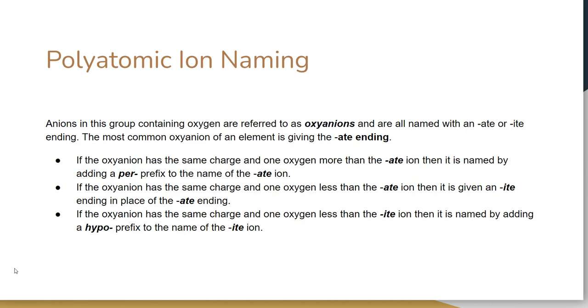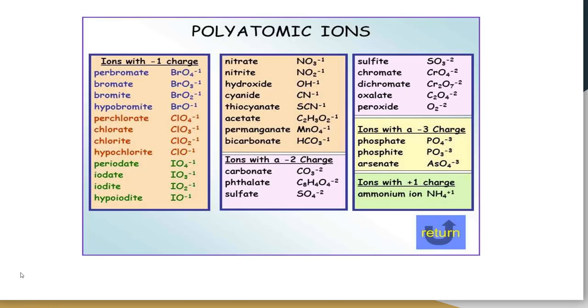And again, there are many of these charts that you can find. You can Google them, and I'm sure you'll get some in your classroom and so forth. So let's look at the ones on the top left here of our polyatomic ions. The ate ending is the most common. So we have bromate with a -1 charge.